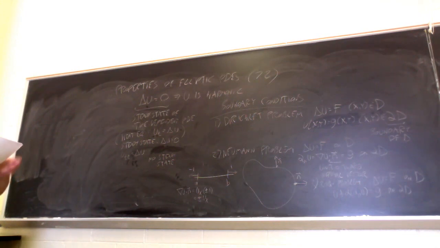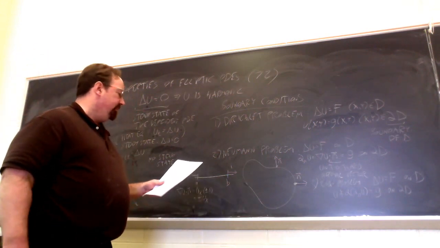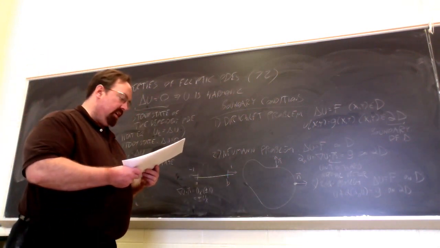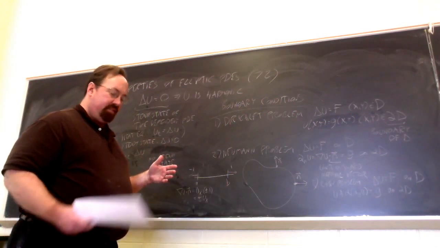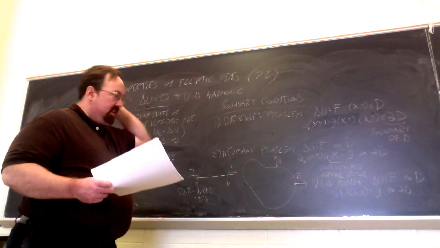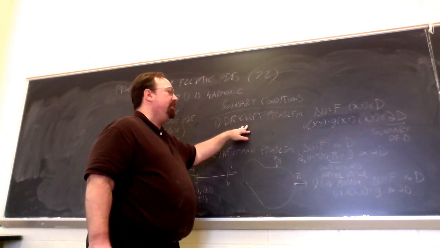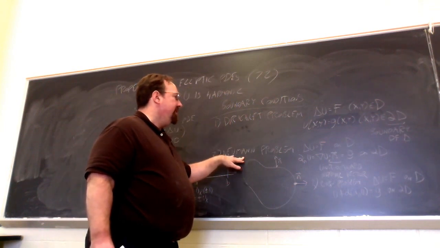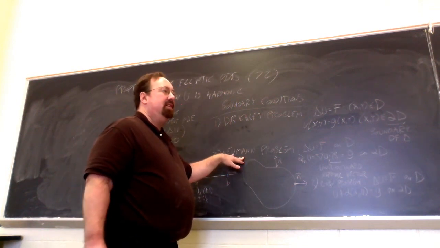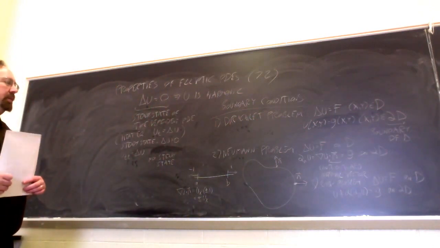Now, one interesting thing about these different problems is the question of existence and uniqueness. Generally speaking, you're going to have a unique solution of a Dirichlet problem. However, you might not have even existence of a solution to the Neumann problem.